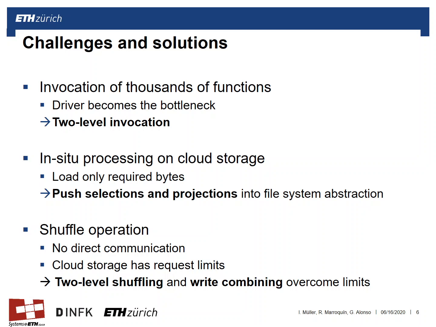However, we were able to devise a 2-level shuffling algorithm and equipped it with some other optimizations that overcomes these request limits. And in the end, we were able to scale to several thousand workers and shuffle several terabytes in less than a minute.